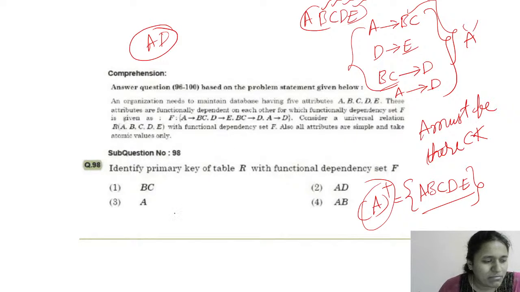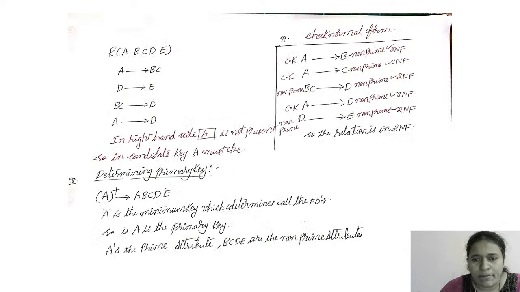The primary key of the relation surely will be A. Without A we cannot determine the given relation, because A is not on the right hand side of any of the functional dependencies. That's why whichever attribute is not present in the right hand side will come in the candidate key. Yes friends, the primary key of the relation is A.